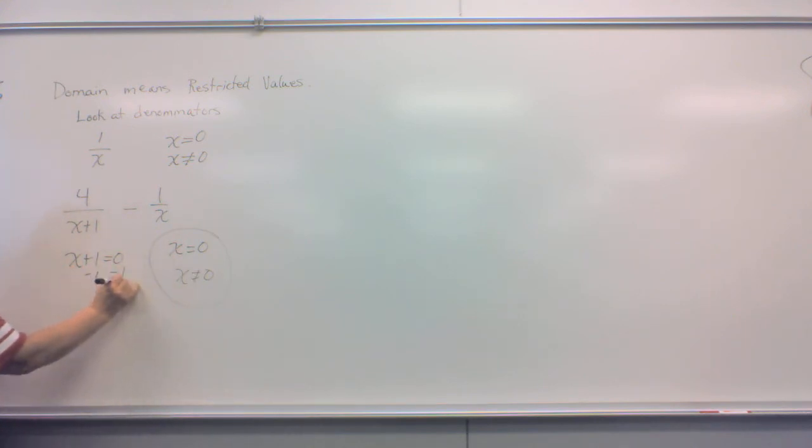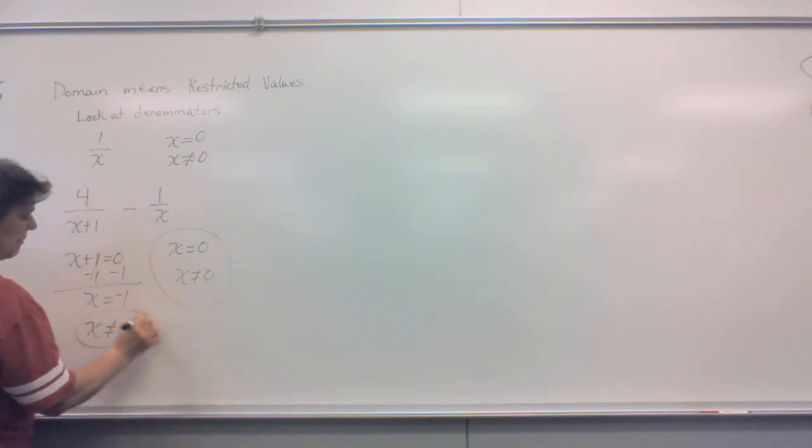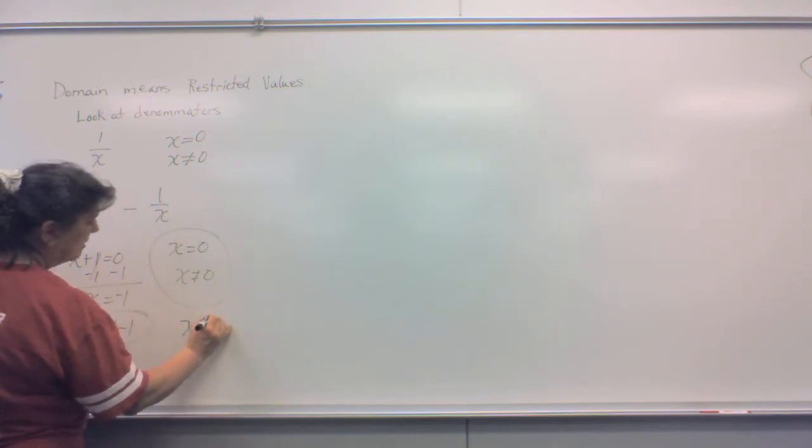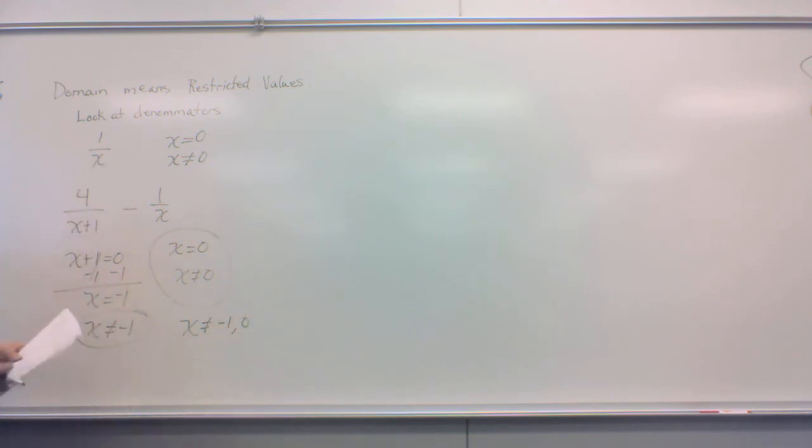So I'm going to subtract 1 on each side, and I get x equals negative 1. If I had a negative 1 in my solution, it would make this one undefined. So therefore, x cannot equal negative 1. Therefore, my domain is x cannot equal negative 1, 0. And that's how you're going to put your answers in, okay?